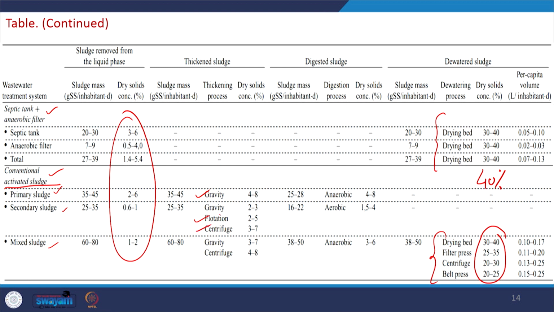When we do thickening, it increases from 2% to 8%, then we do the digestion, and ultimately the dewatered sludge will contain only around 35 to 40% solid content on a dry basis.